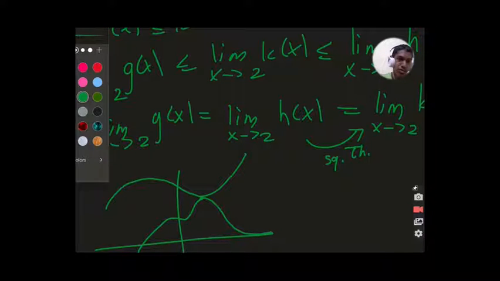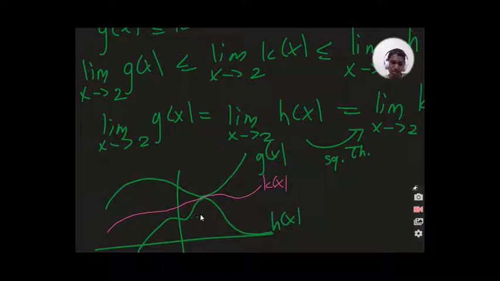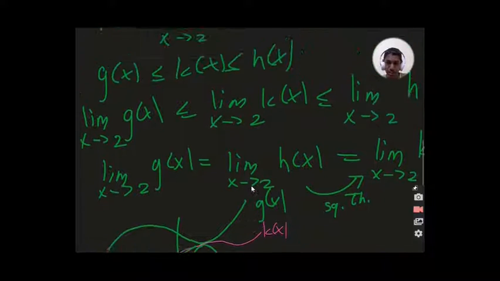But you can have this k right here passing through both of them. So this is k, and that's g, that's h. And this is why it's called the squeeze theorem. It's shoved in between g and h to a single point.